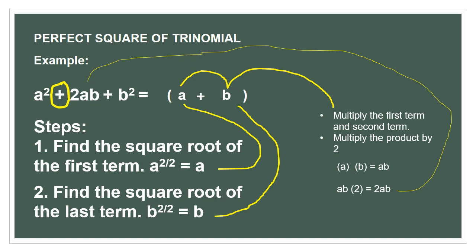Okay? Tingnan ninyo. Yung ating sagot na 2ab ay nagmatch doon sa middle term of our given. Okay? So, ganyan ang hahanapin natin. Dapat pagkatapos natin ma-multiply yung ating factors sa 2, it is equivalent to that middle term. So, pag ganyan, ibig sabihin, nandun na tayo. Tama na yung ating sagot.